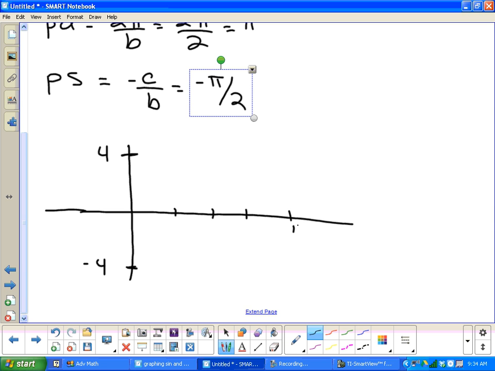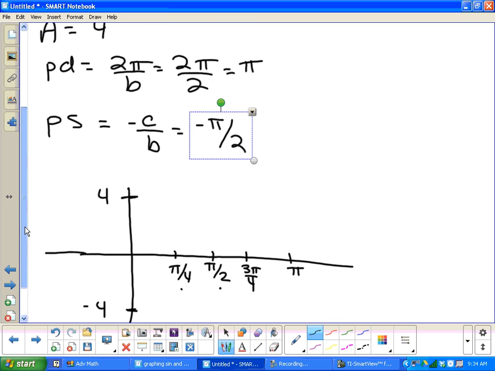Okay. All right, so halfway, pi over 2. Pi over 4. All right, so I'm counting my pi over 4. Pi over 4, 2 pi over 4, 3 pi over 4. Okay, now I'm ready to start with my phase shift. Okay, so my phase shift, let's really focus on it there, is negative pi over 2.